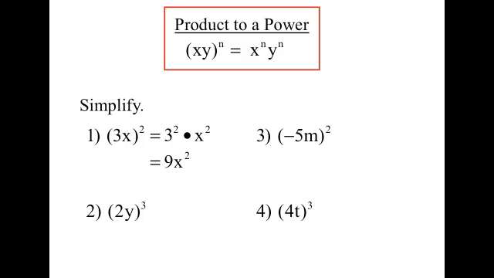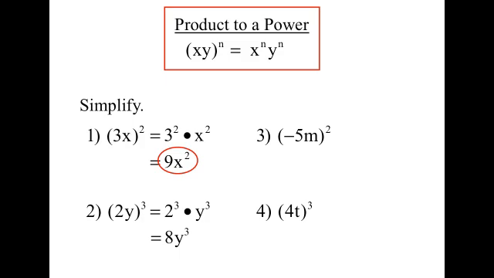Now stop the recording and do the next 3 problems on your own. Now check your work. 2 to the 3rd power times y to the 3rd power simplifies to 8y to the 3rd power. In number 3, watch out for that negative.